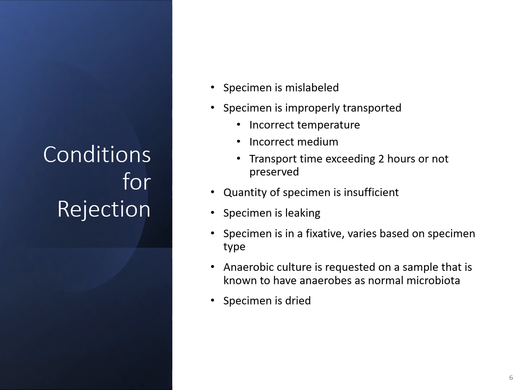An example of this would be a vaginal culture, where there are anaerobic organisms that live within the vaginal tract. Ordering an anaerobic culture on that particular source means that you're going to recover normal anaerobic flora. And if you get the specimen and it's dried out, then obviously it's not going to grow anything if those organisms have dried out and died.